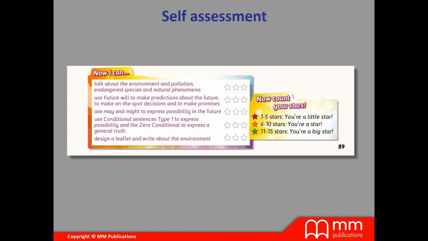I now know how to design a leaflet and write about the environment. So, getting your students involved in self-assessment is a big plus because they suddenly realize themselves that they are learning something in English, or that something that they can connect.